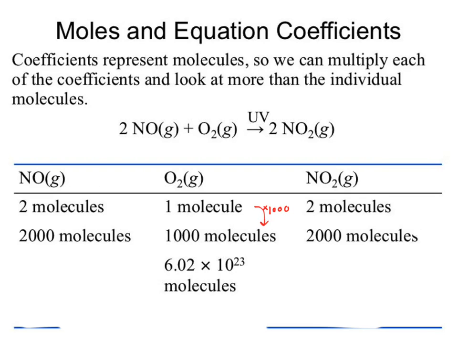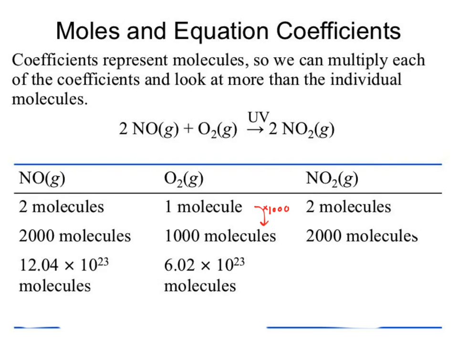How did I move from 1 molecule to 6.022 times 10 to the 23rd? I multiplied 1 by 6.022 times 10 to the 23rd. How many molecules of nitrogen oxide would I have? 2 times 6.022 times 10 to the 23rd, which is 12.04 times 10 to the 23rd.